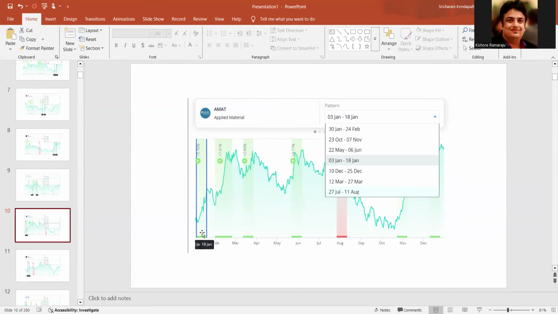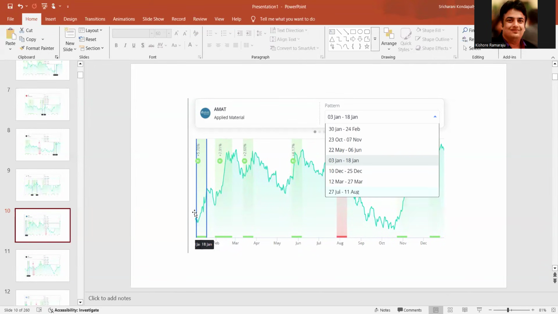There are some seasonal stocks, or there is some seasonality involved with the stocks. That means generally every year during that period that stock will go up, or every year at a certain period that stock will go down. For example, MAT, it shows that the stock will go between 3rd January to 18th January.